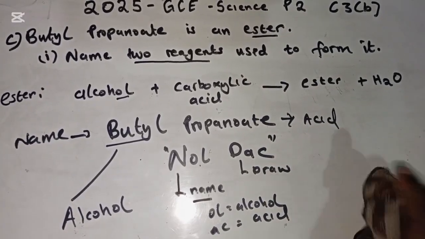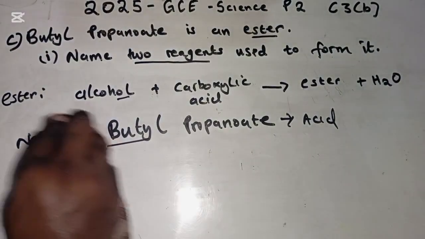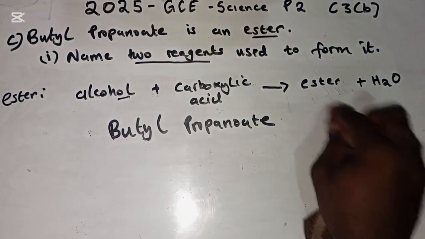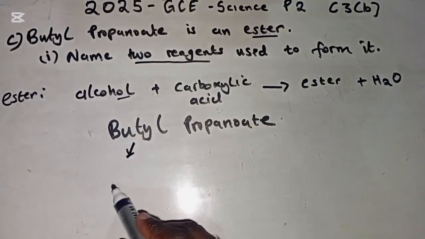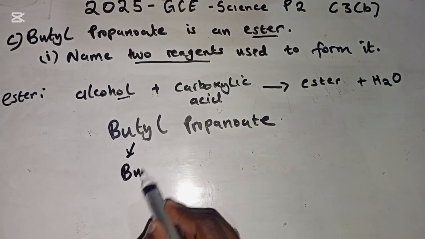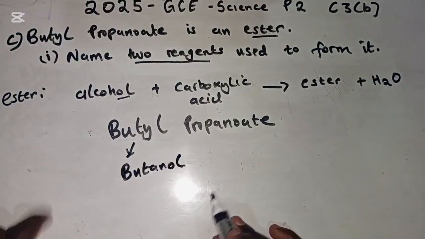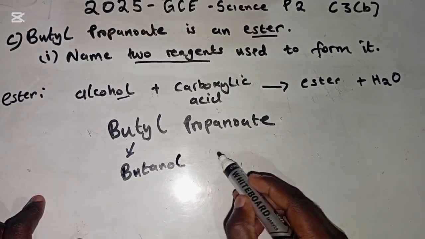Let's name the two reagents first. We've already known that the butyl was coming from the alcohol, and the alcohol with the name but is butanol. Propanoate: which acid starts with the prefix prop?